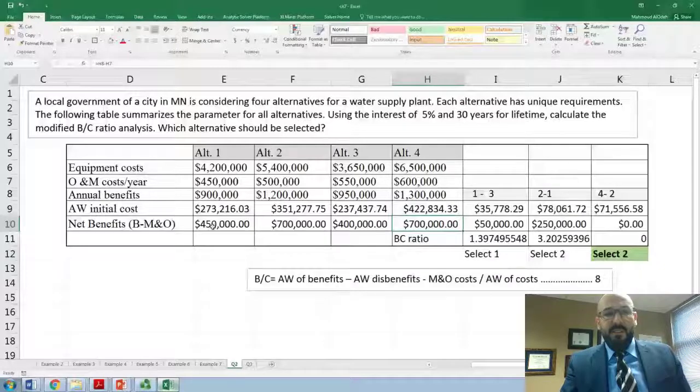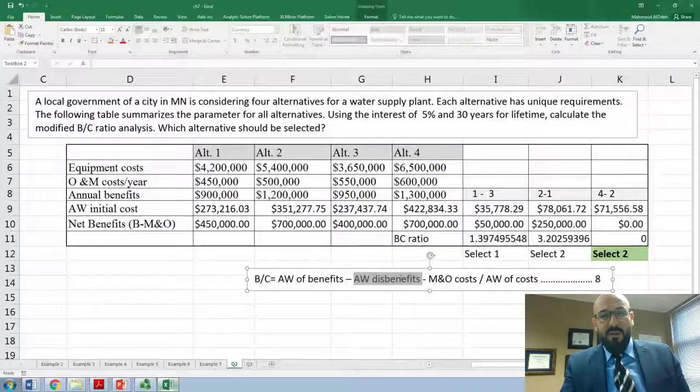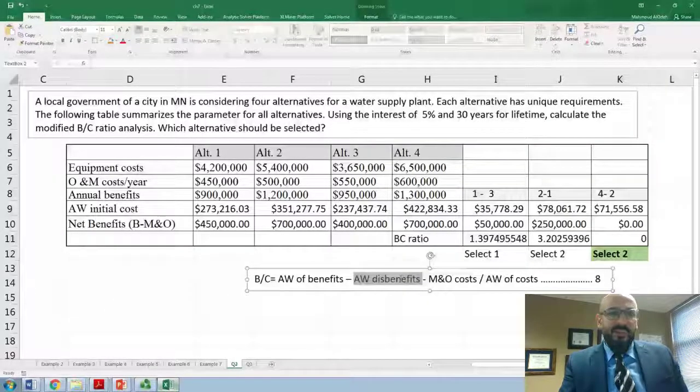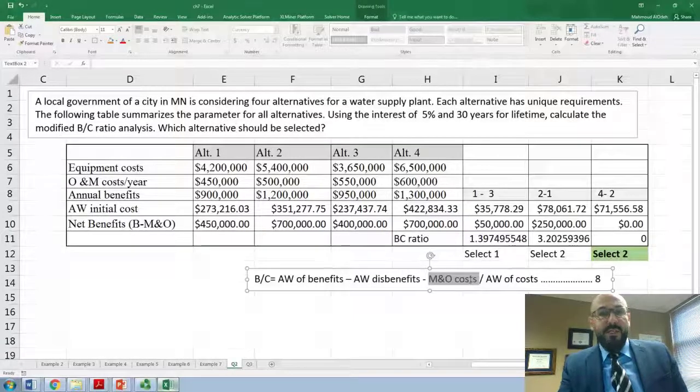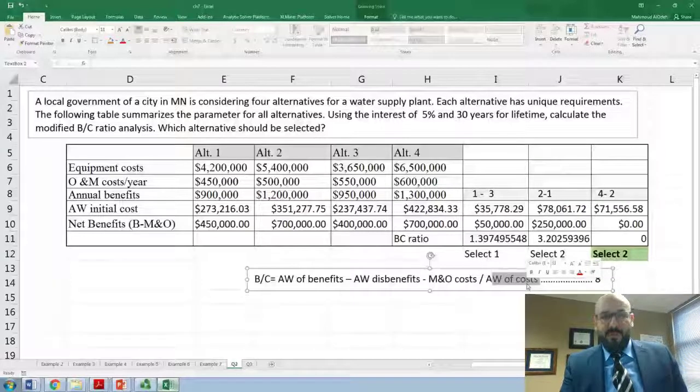The next step, since we're talking about the modified BC ratio, we're going to use this equation. BC would be the annual worth of benefit minus the annual worth of disbenefits, which we don't have any in this question, minus the maintenance and operational cost, divided by the annual worth of cost.